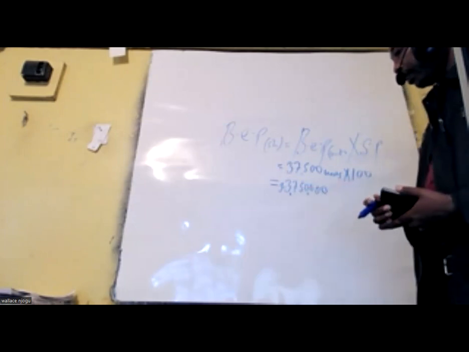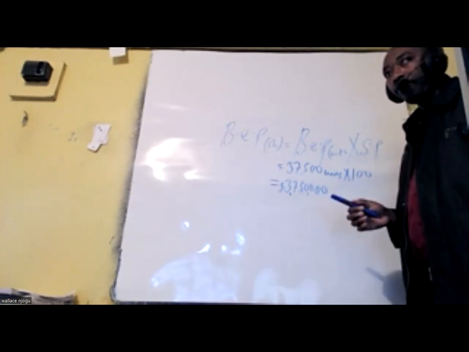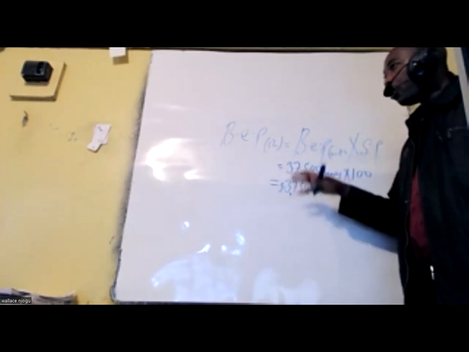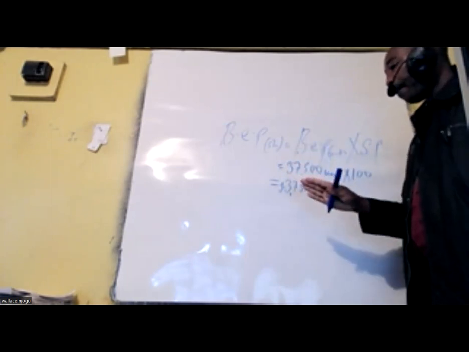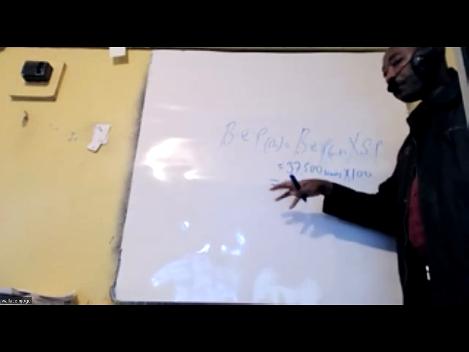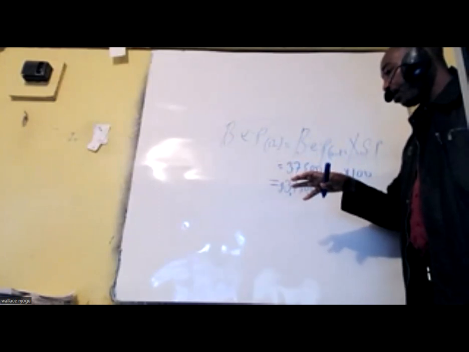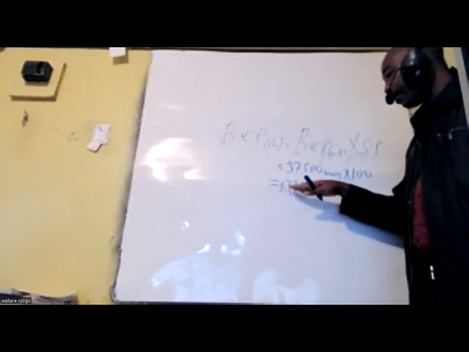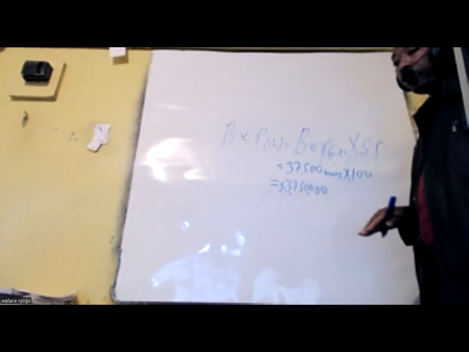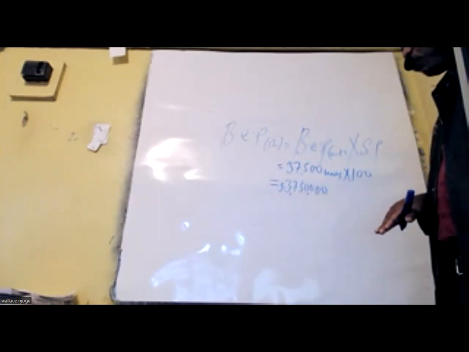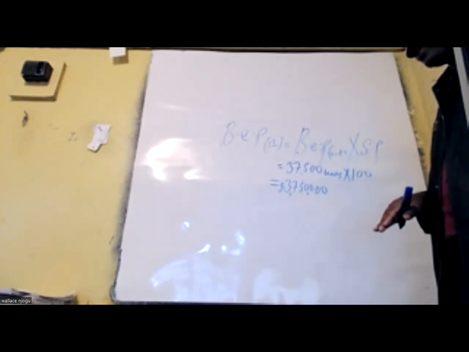So 3.75 million. It means to recover all the total cost, you must make a sale of up to shillings 3.75 million to break even, to recover all the cost.